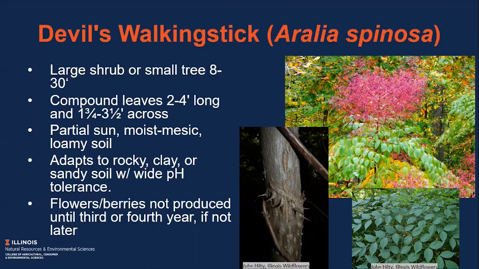It is doubly compound, so each of those smaller leaves are actually leaflets composing a much larger single leaf. It prefers partial sun, moist mesic, and loamy soil, and it can adapt to rocky, clay, or sandy soil with a wide pH tolerance, so it's somewhat adaptable.